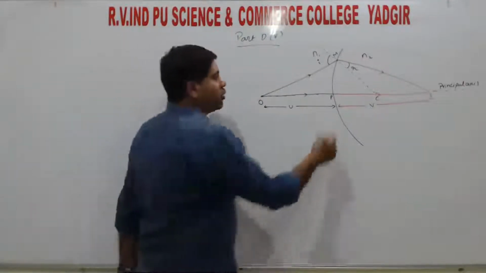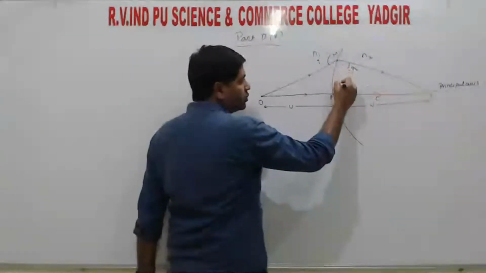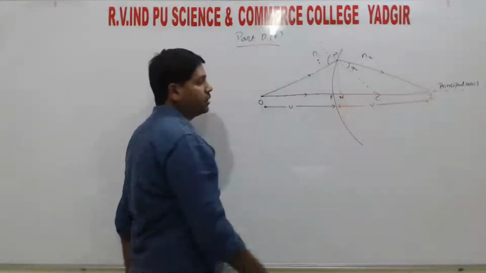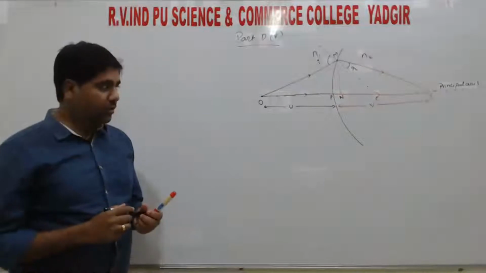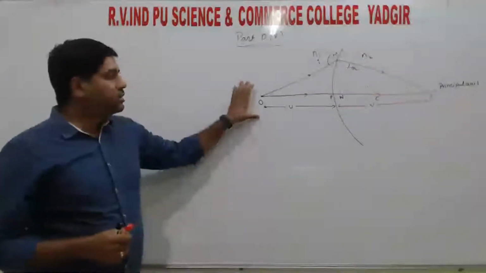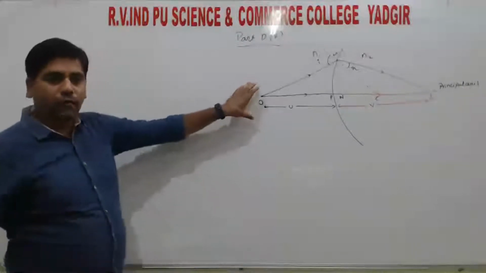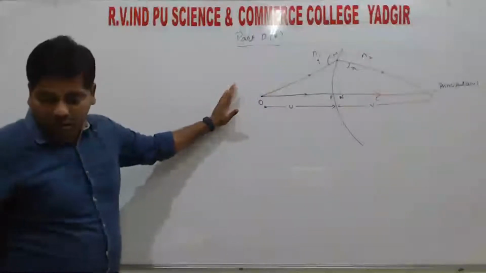So next draw the perpendicular line from the point of incidence to the principal axis. We take that foot as M, right? So we draw one perpendicular line from the point of incidence. This is the basic information about the relation between N, U, V and R, right?